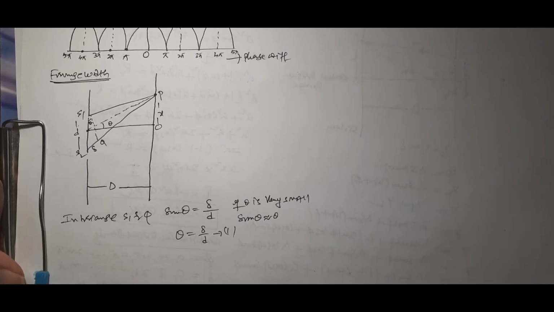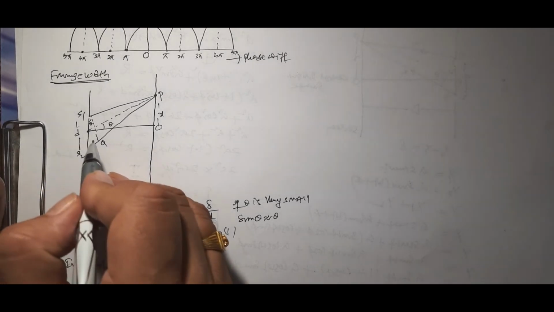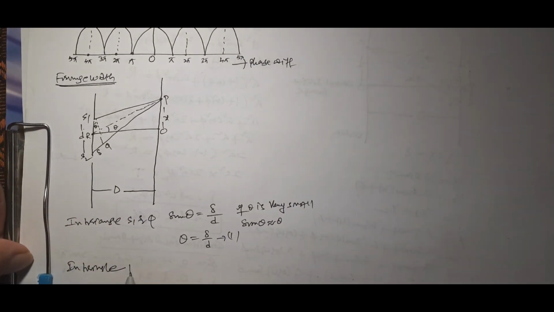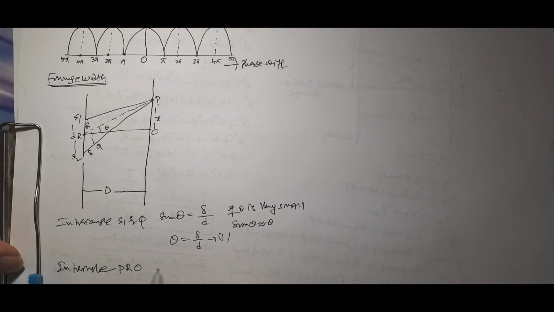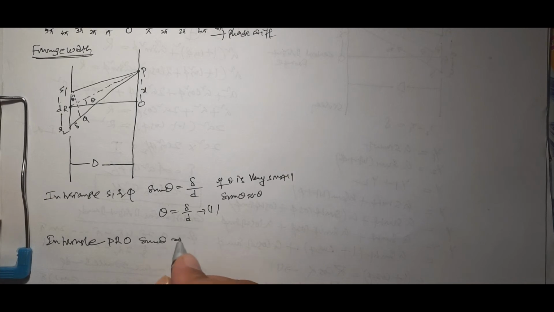Now in triangle PRO, this point is R. Sin theta is almost equal to tan theta, that is almost equal to theta.